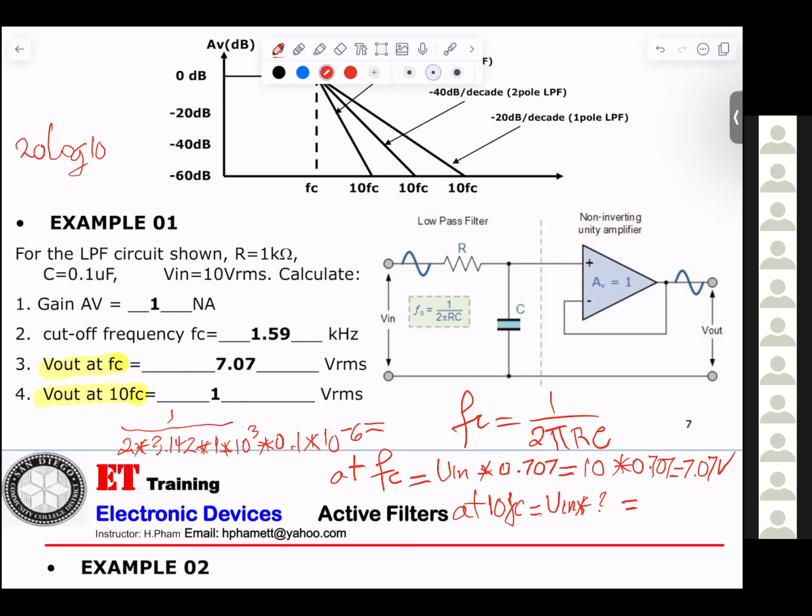What we can do is look at your graph there, Mr. Pham, where it has the decades, and it says 10 FC go all the way up to where you got 0 dB. But to get 0 dB, you have to take the log of 1, and that's 0, and 0 times 20 is 0. So the answer has to be 1.